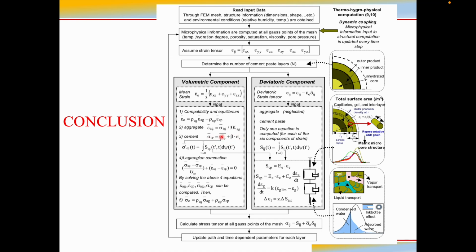The total stress that acts on the cement paste can be calculated like this, which can be explained as the summation of the very small stress SCP that acts on the clusters of cement paste, and psi is the hydration rate. So the total stress is strongly related to the hydration rate.